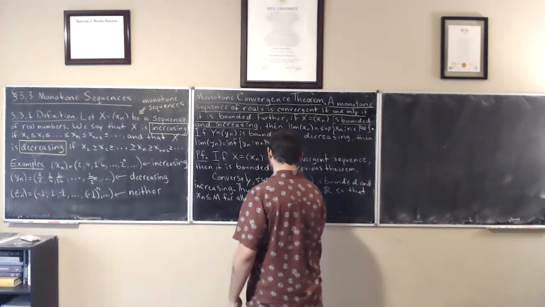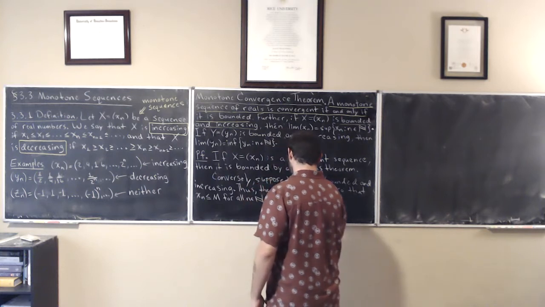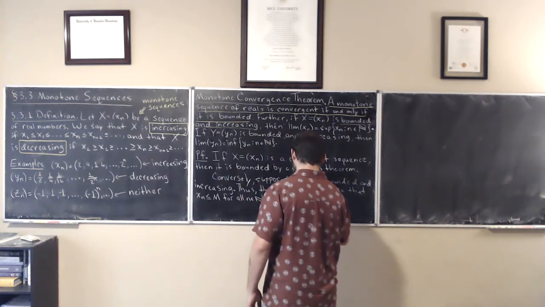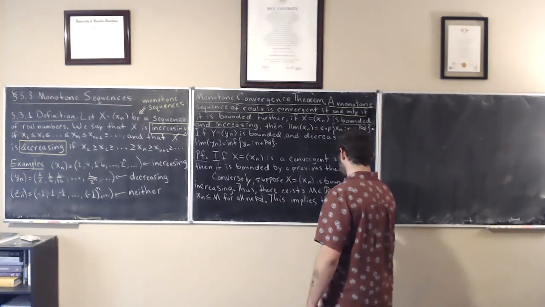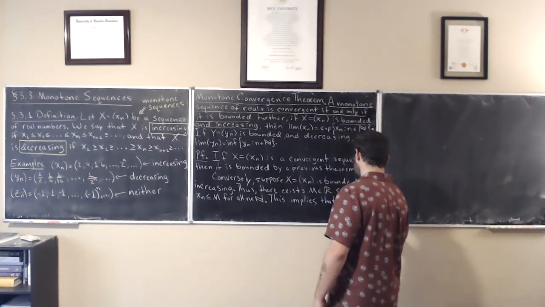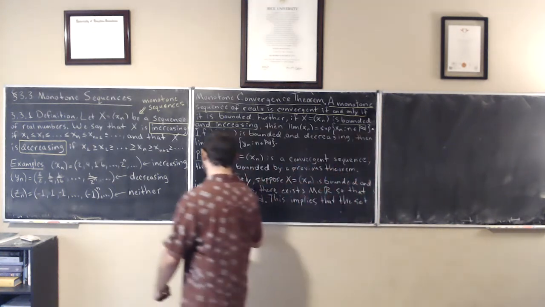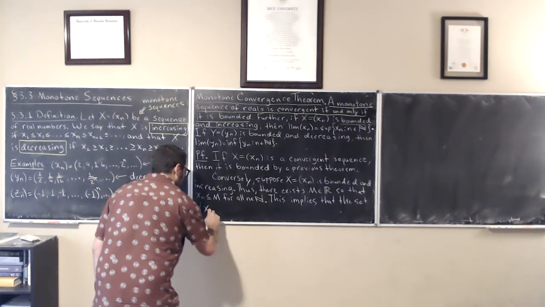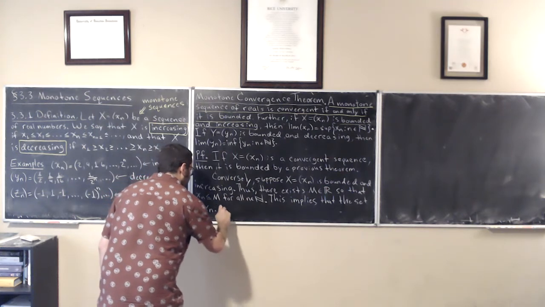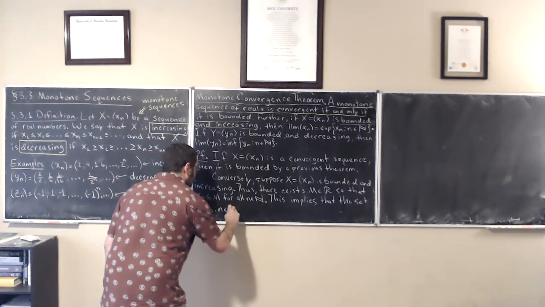This implies that the set of these terms from the sequence, right? So xn such that n is some natural number.